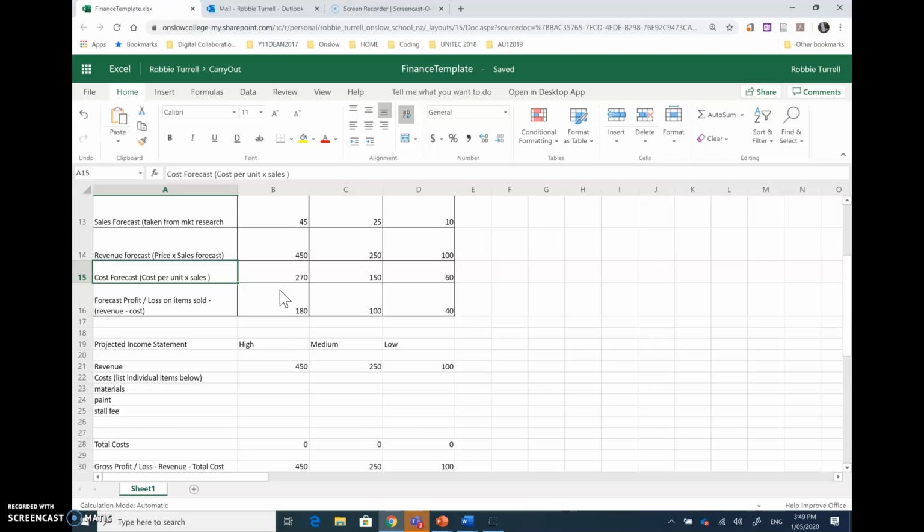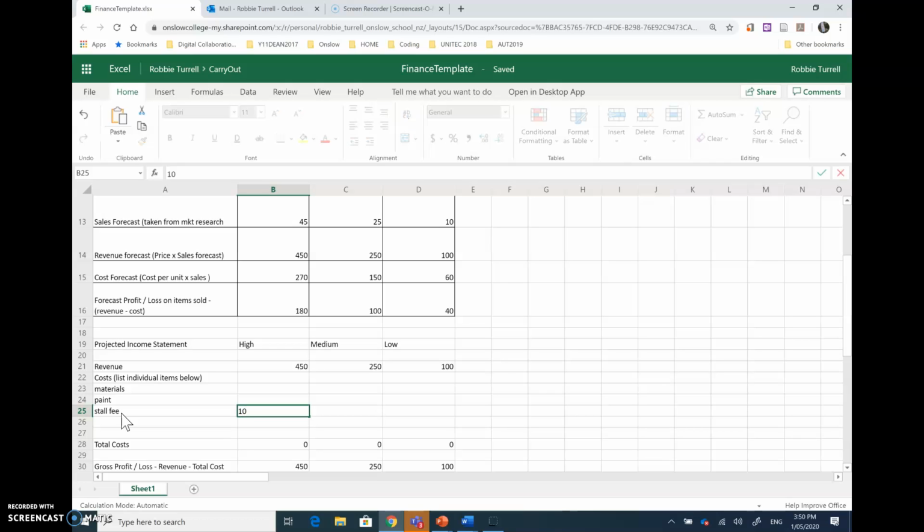There might be a hidden cost that doesn't include making the product. For example, I know we charge you guys a store fee, which I think is, say, $10. I can't remember how much it is, but we'll say $10, so we can put that in there.